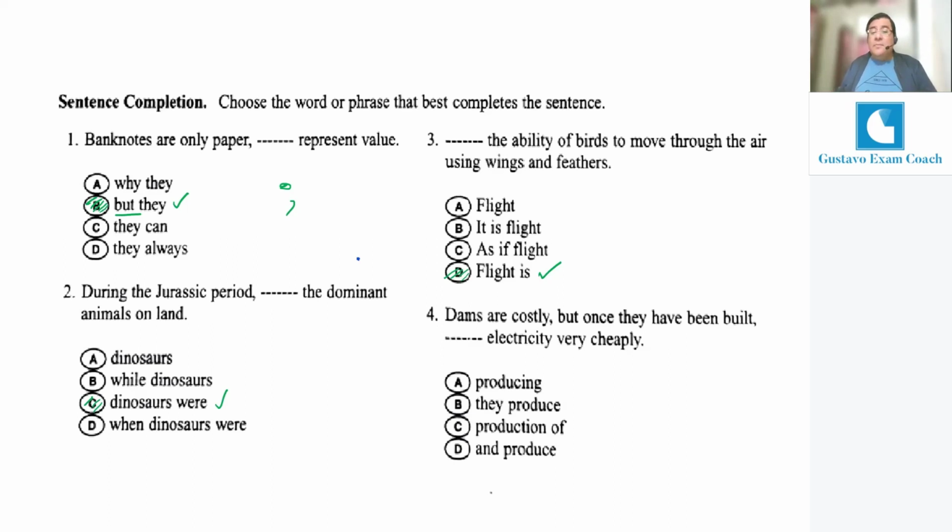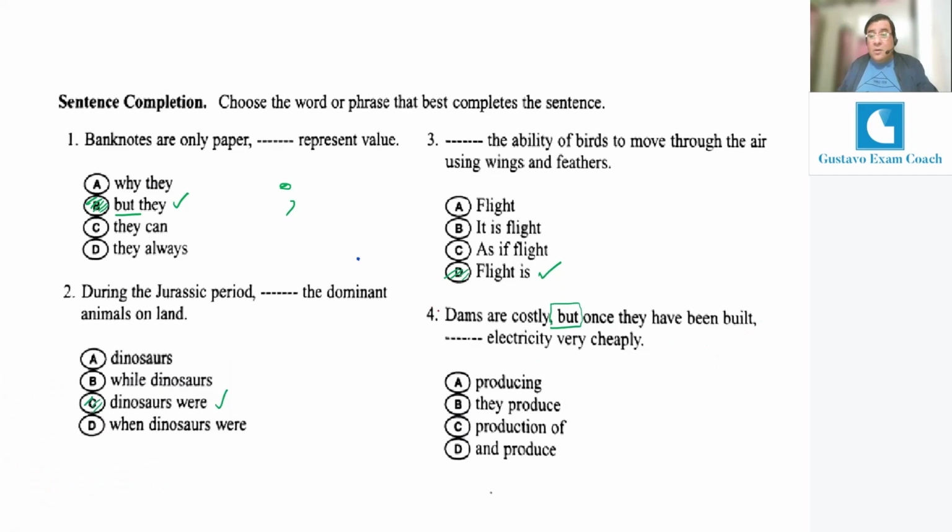Let's try number 4. Dams are costly, but once they have been built, blank, electricity very cheaply. Okay, dams are costly is one independent clause. Then we see comma and but. So we understand that here we have a coordinating conjunction.